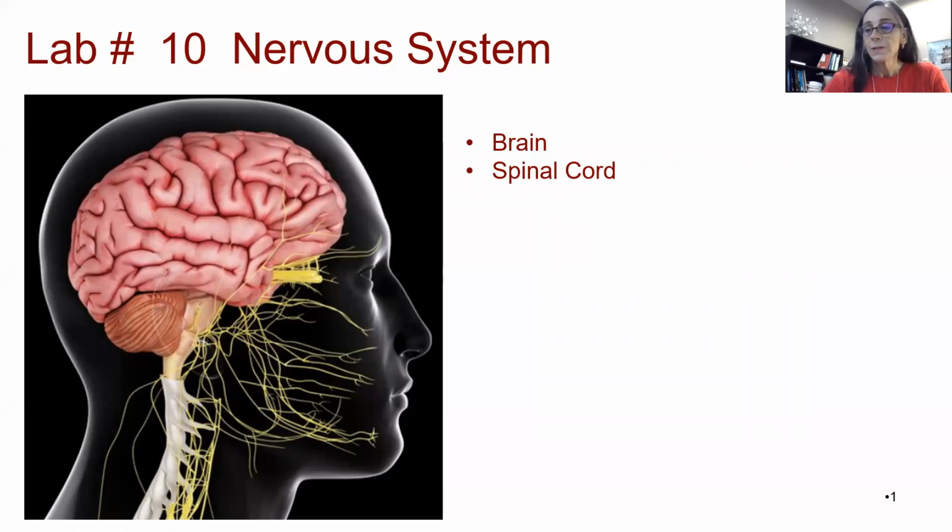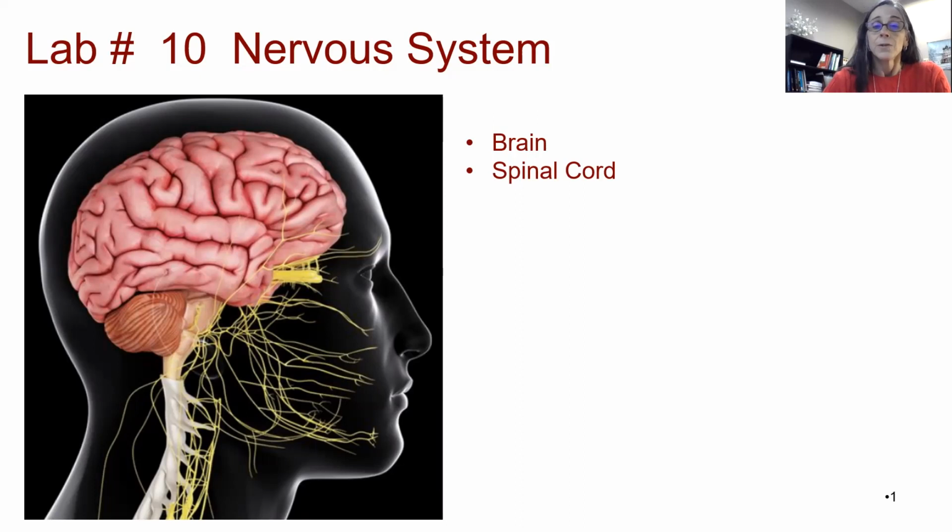So the nervous system, if you recall, has a few specific functions. One of them is sensory input. Sensory input basically is gathering information to monitor changes occurring inside and outside of the body. These changes are known as stimuli. Another function is integration.